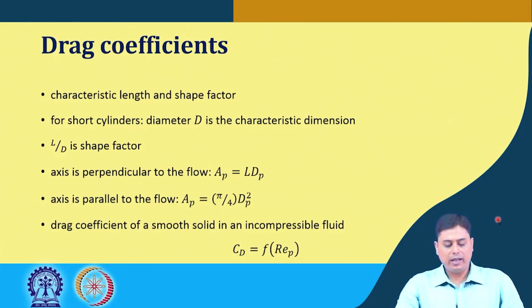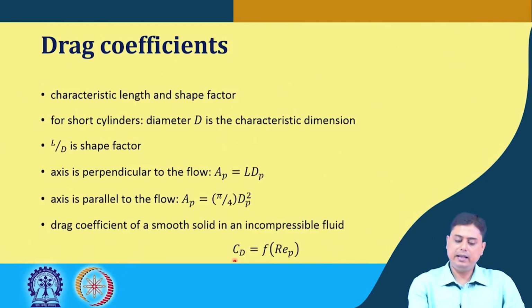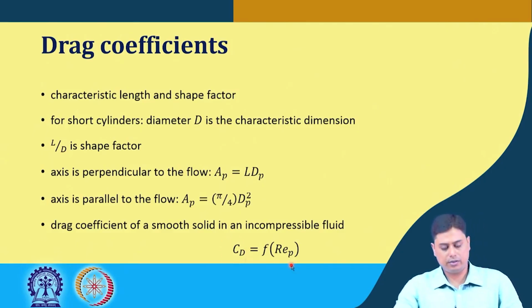So we can understand that this drag coefficient scenario is more complicated than what we have seen in the cases of friction factor, because it has several components. The drag coefficient CD, as I said, is a function of the particle Reynolds number.